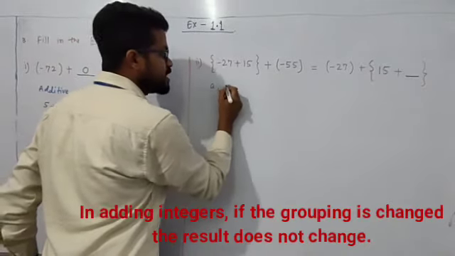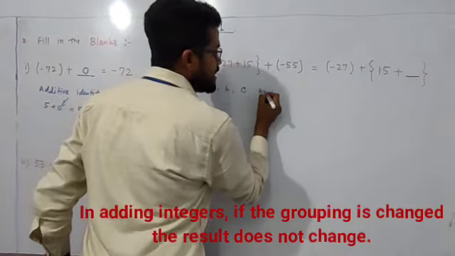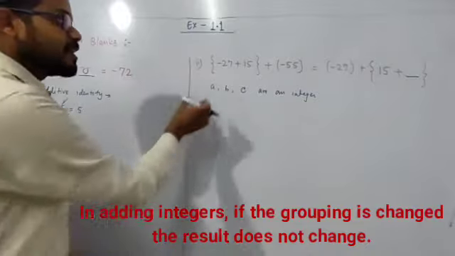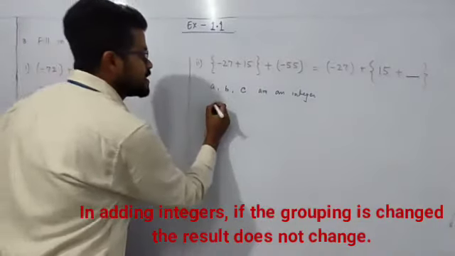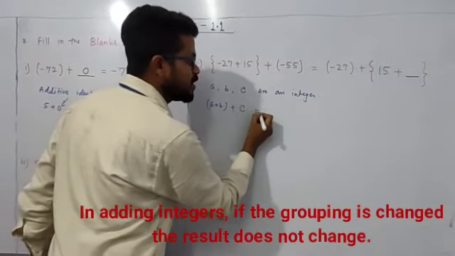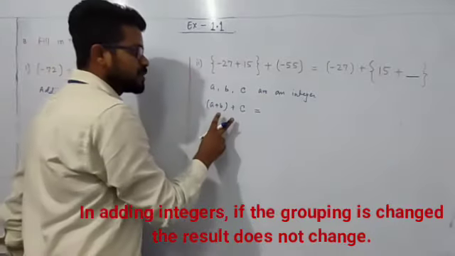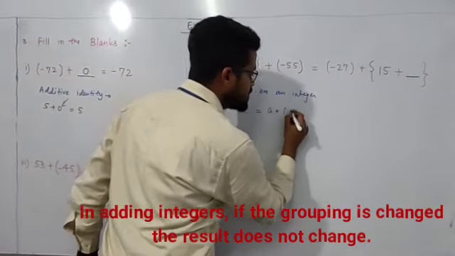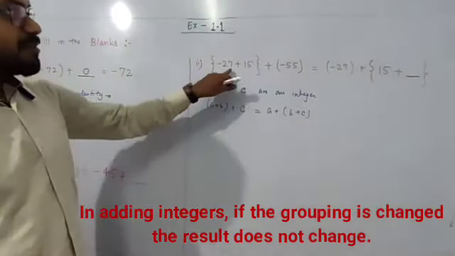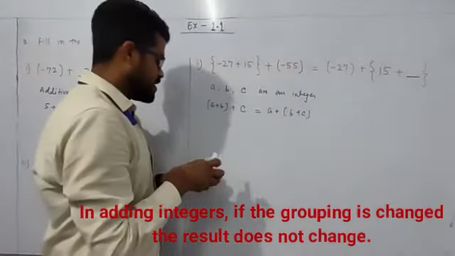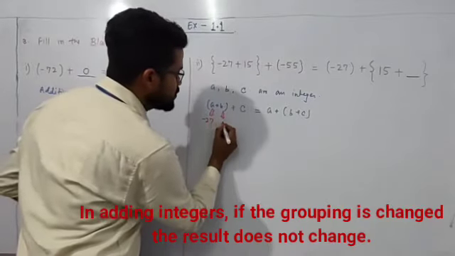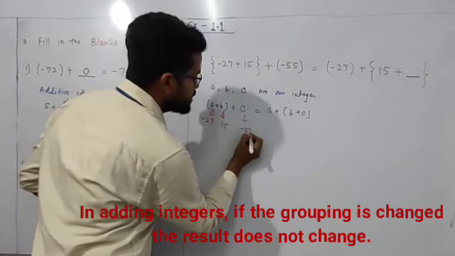If A, B, C are integers, then make a group of two numbers, A plus B, making a group of AB plus C, which is always equal to, by changing the group, A plus B plus C. This is the associative property. So compare this property with this question. Here A is equal to minus 27, B is equal to 15, C is equal to minus 55.